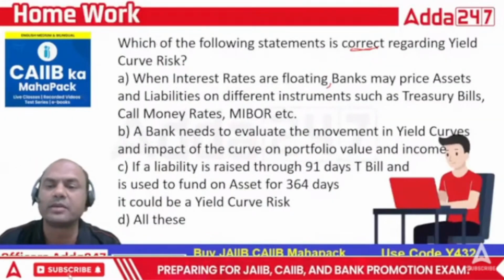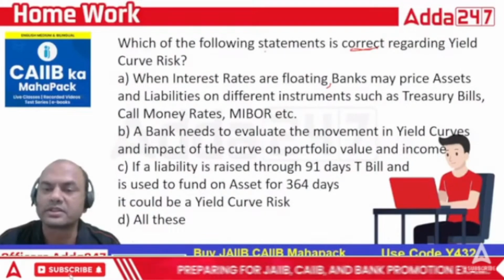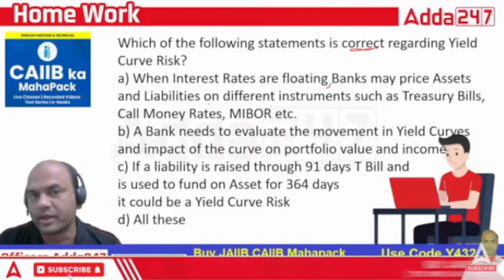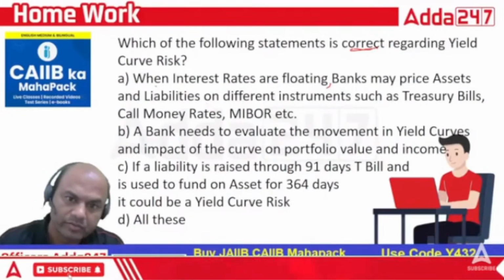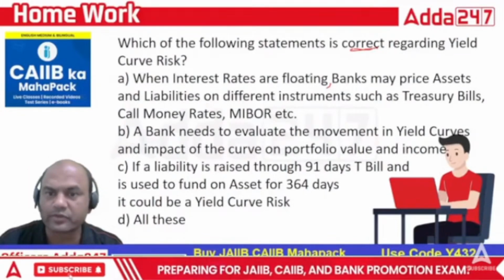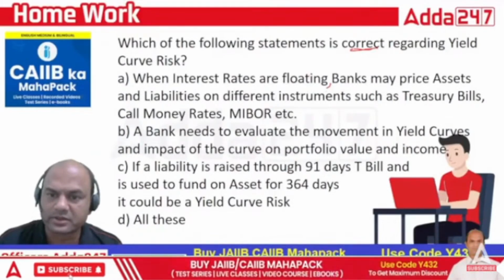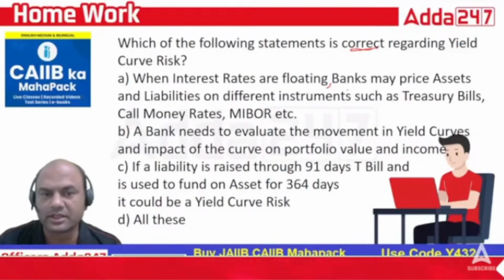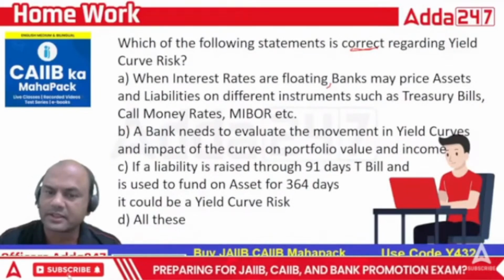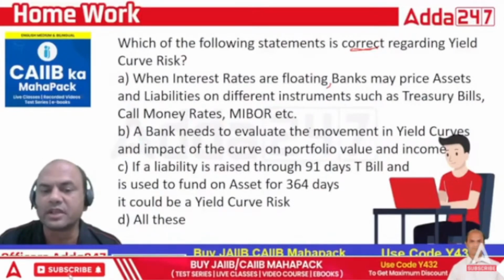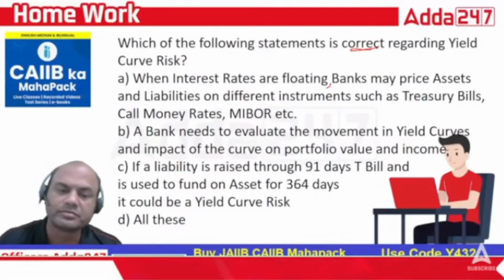Now one for your homework. Which of the following statements is correct regarding the yield curve risk? We want the correct one. Now try this at your home. I'll give the answers tomorrow. When the interest rates are floating, banks may price assets and liabilities on different instruments such as T-bills, call money rates, MIBOR, etc. A bank needs to evaluate the movement in the yield curves and impact of the curve on the portfolio value and income.